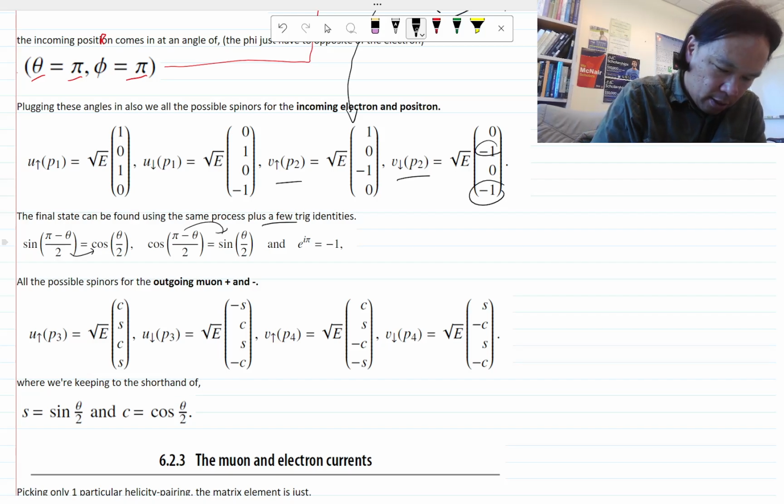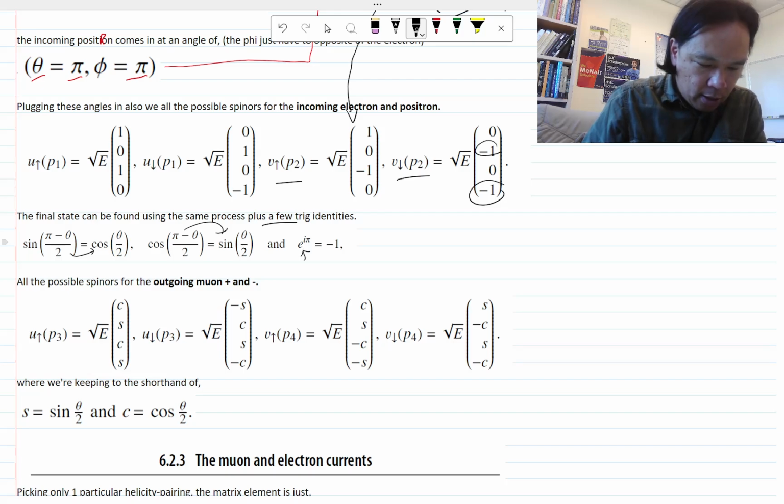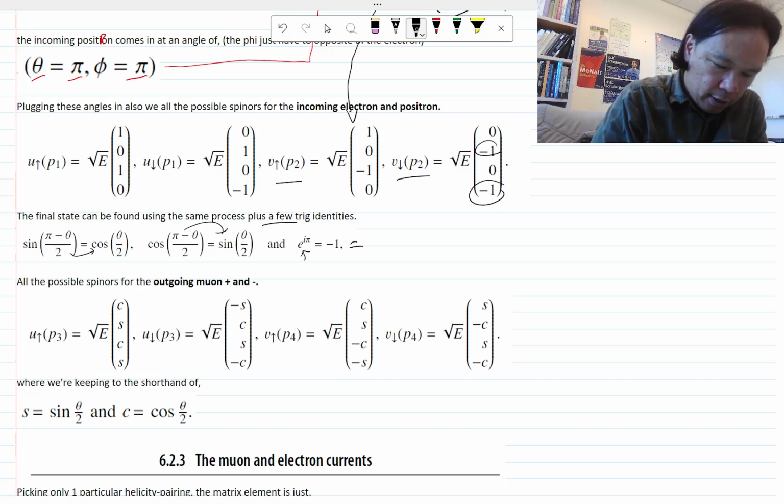Another thing that's important is that e^(i pi) is equal to -1 from the Euler equation, because this is cosine of pi plus i sine of pi, and cosine of pi is -1, and sine of pi is 0.